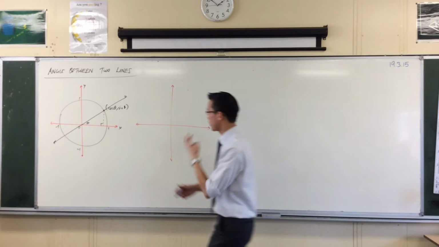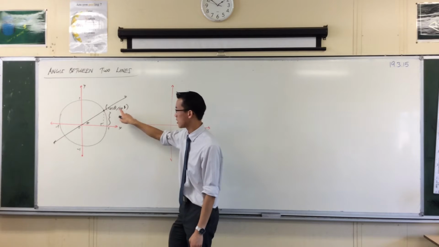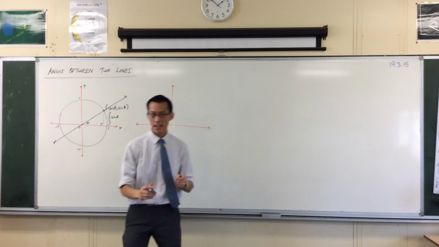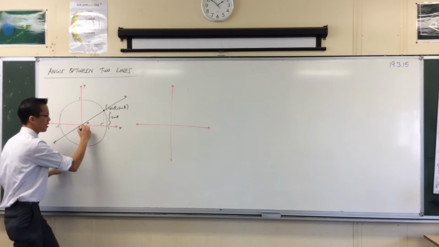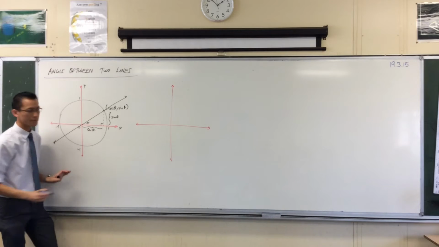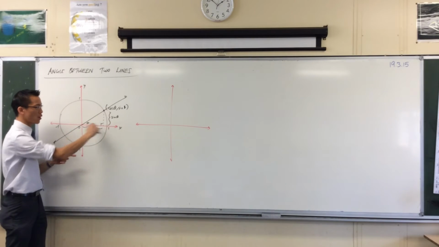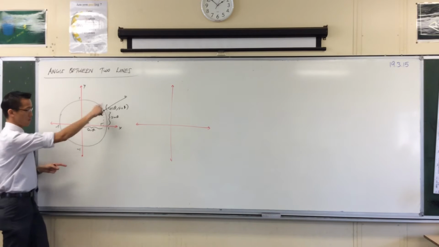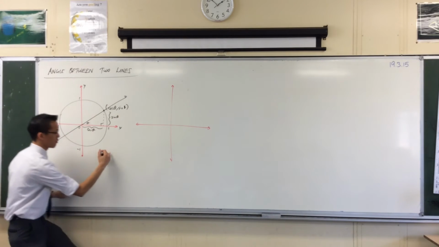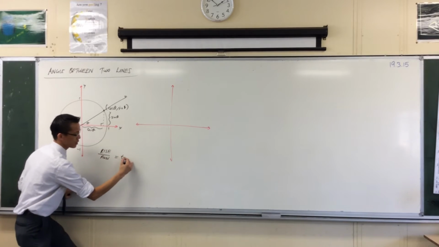We noticed that this line here, that height there is the y value, sine, right? And if the horizontal value here, up to this point, is cos, then in this triangle, rise over run is sine over cos, which is tan, right? So rise over run equals tan theta.